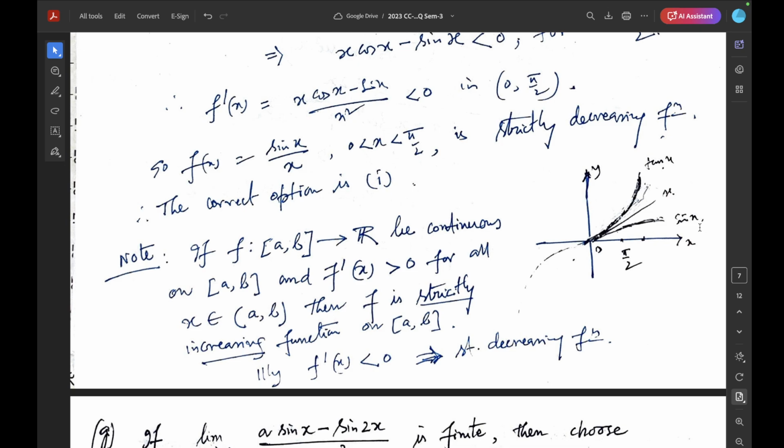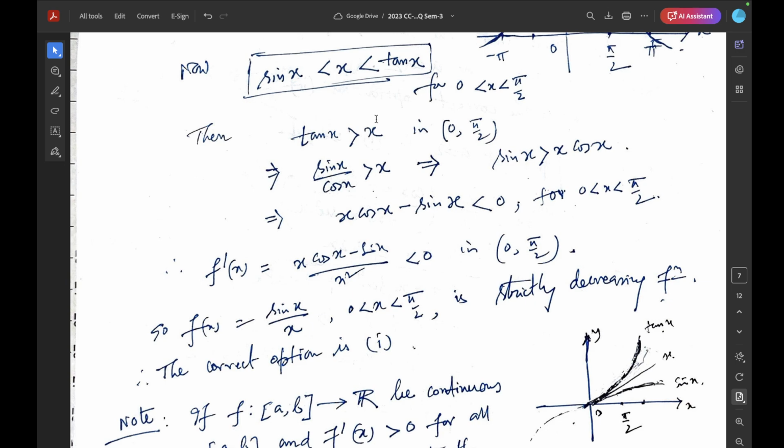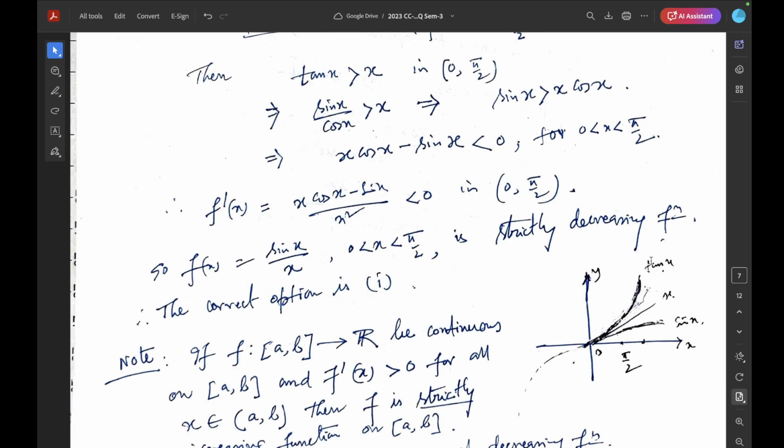Here this is the inequality. Graphically we can see this is sin x, this is x and this is tan x.